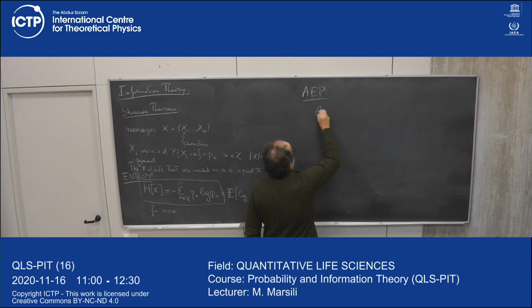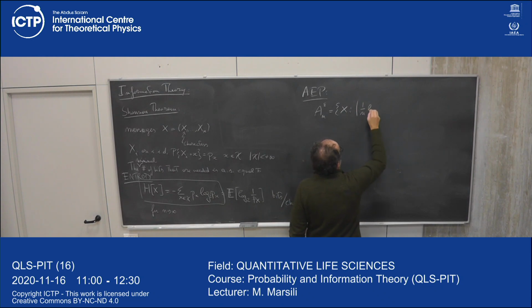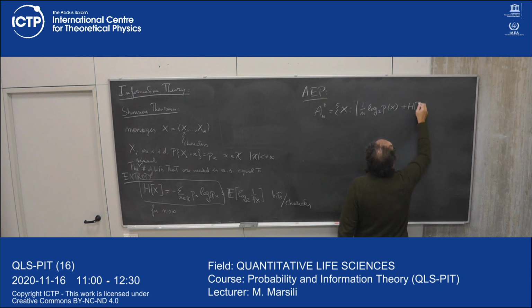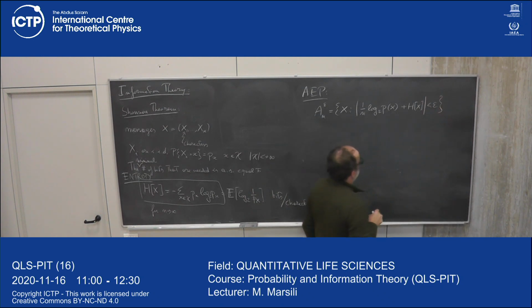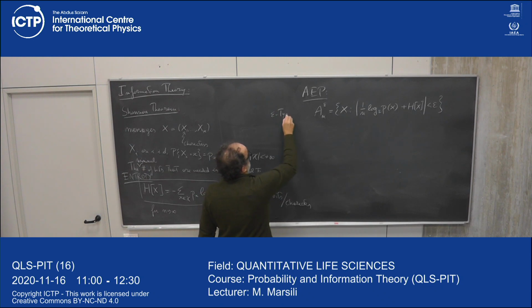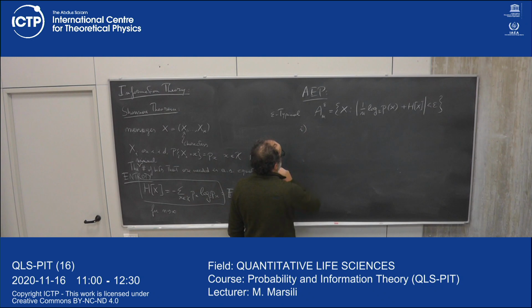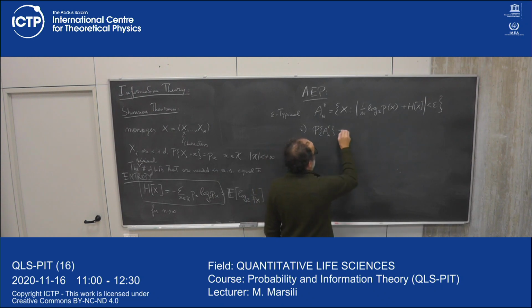The asymptotic equipartition property tells you that if you have this set A_n of epsilon, which is the set of all sequences or messages such that the absolute value of 1 over n times the log base 2 of the probability of the message, plus H(X), is less than epsilon, so if you define this as the set of epsilon-typical sequences or messages, then the probability that you get a sequence from A_n of epsilon is essentially equal to 1.